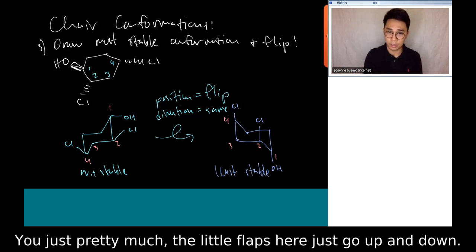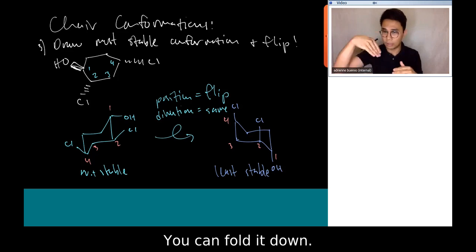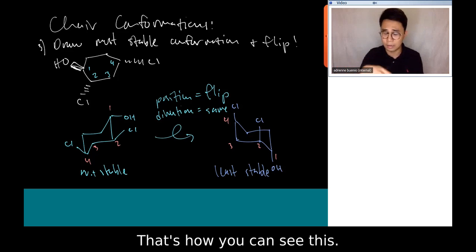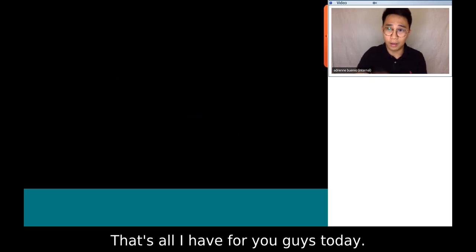The little flaps here just go up and down. Think of it like origami. You can fold it up, you can fold it down. That's how you see this. Okay, so that's all I have for you guys today.